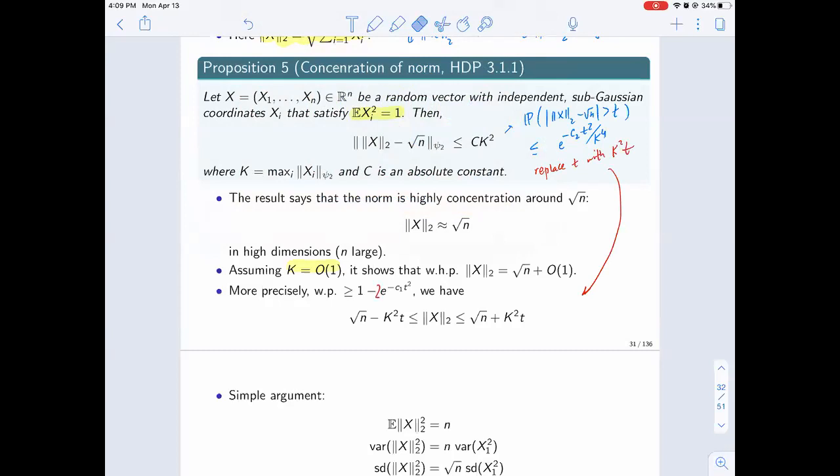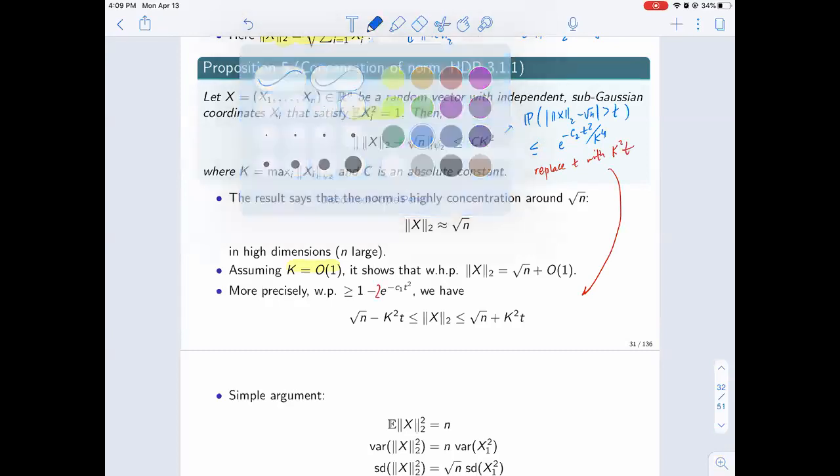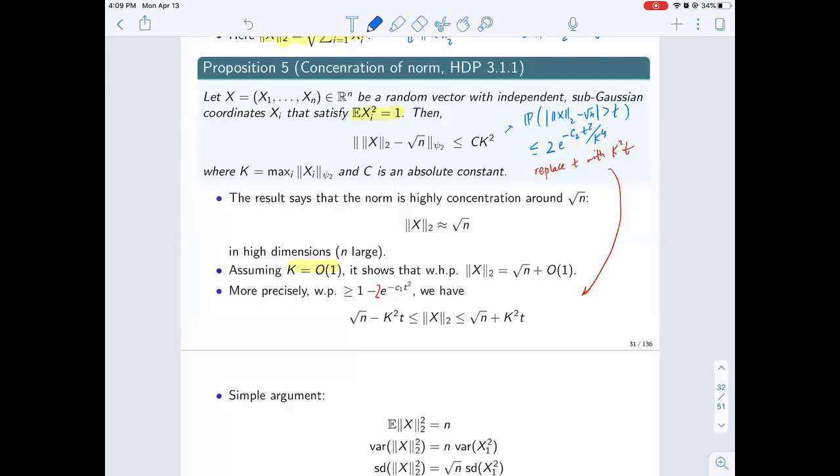I believe I can put a 2 here. Something like this should hold.